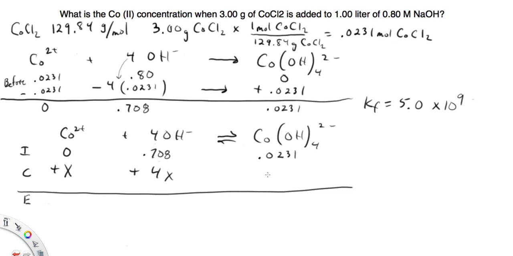And then this is going to go down minus X. So at equilibrium, we've got X molar cobalt-2, and for our hydroxide, it's 0.708 plus 4X. And for our complex ion, it's going to be 0.0231 minus X.